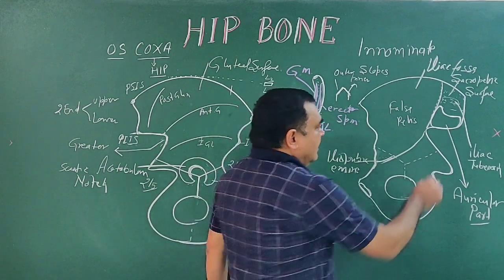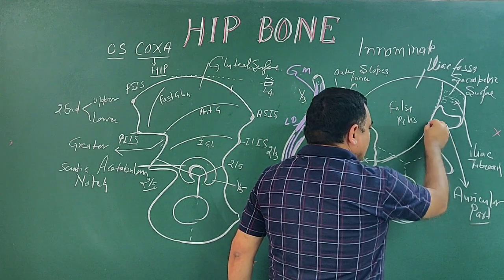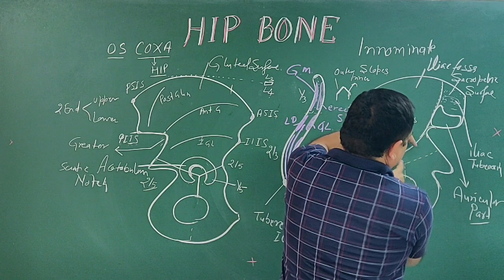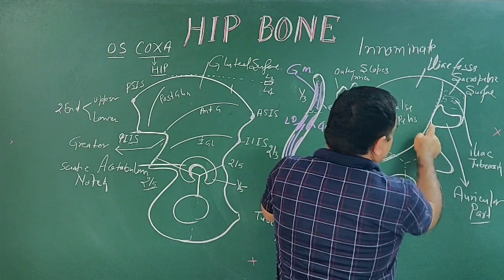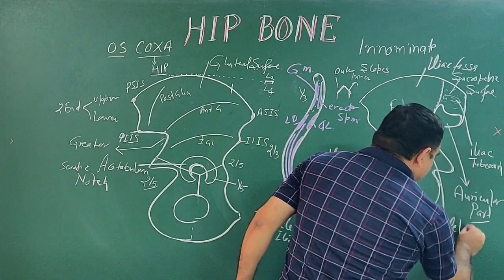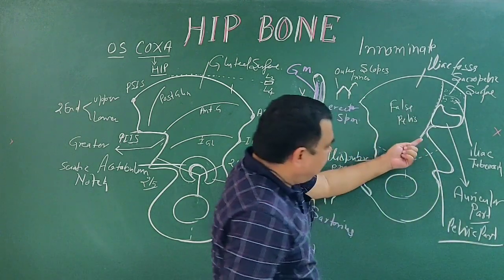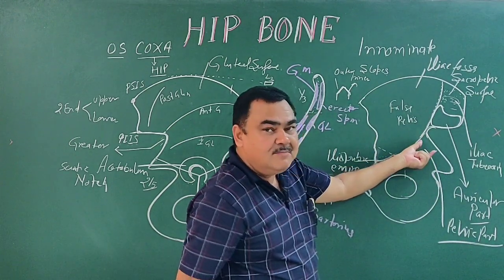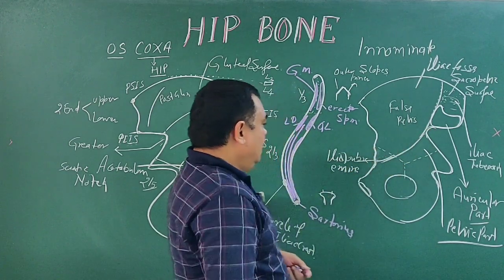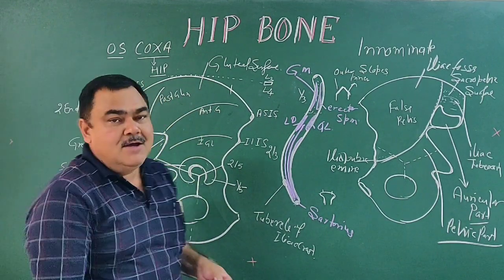Inferiorly, from here to here, is the pelvic part. It lies below the arcuate line, so it forms the true pelvis. This is all about the ilium.